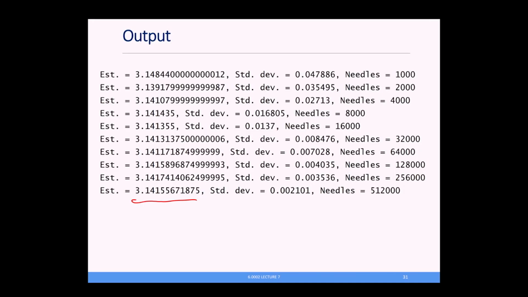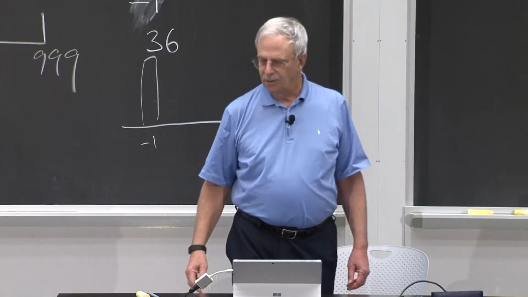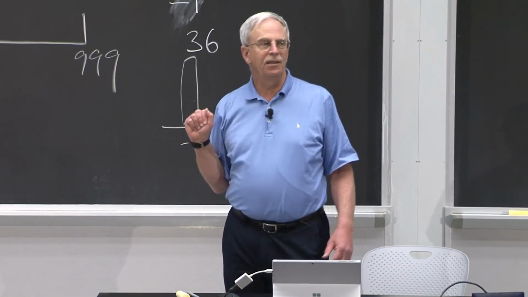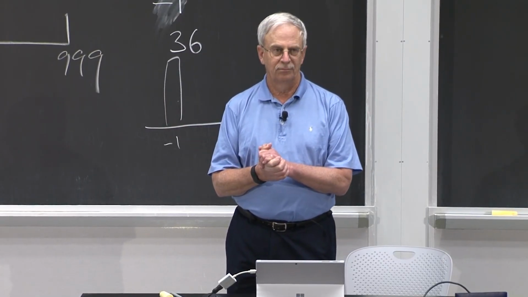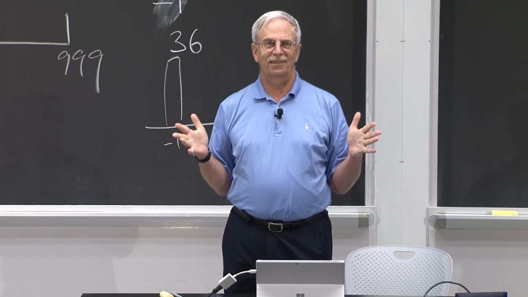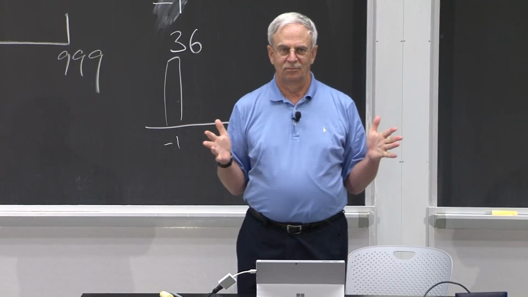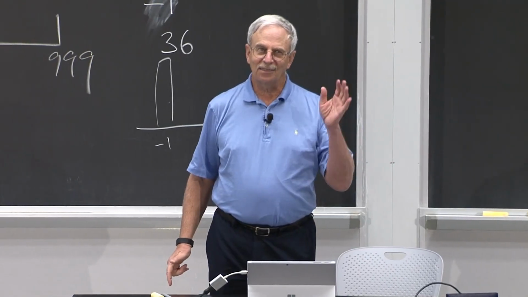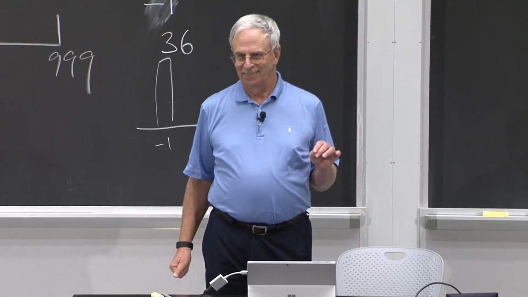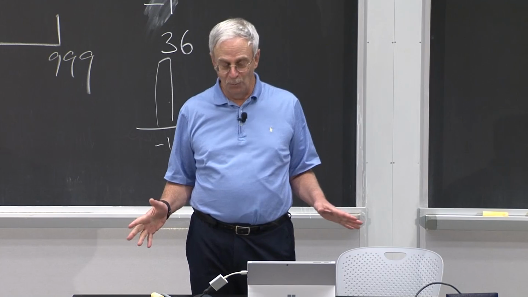I could make it smaller if I wanted. I believe that I have good reason to believe I'm close to the right value of pi. Everyone agree with that? Is that right? Not quite, actually. It would be nice if it were true, but it isn't.